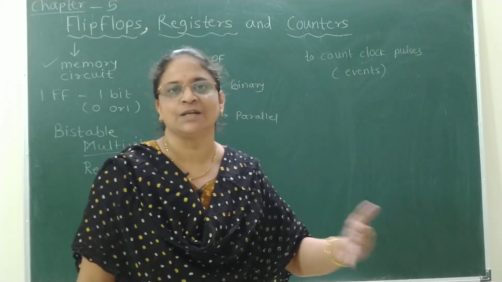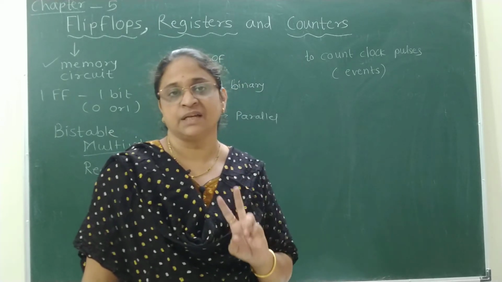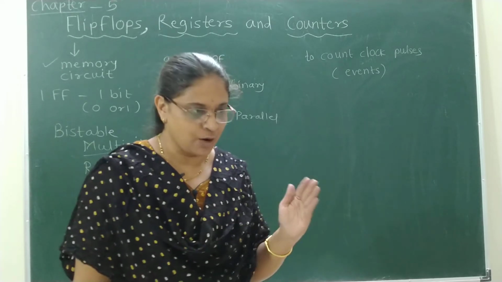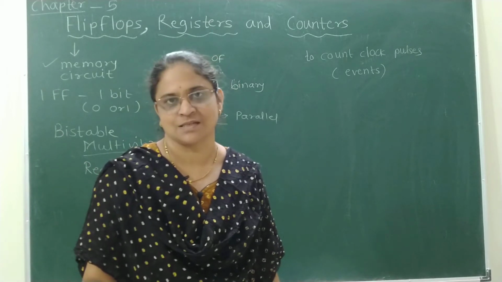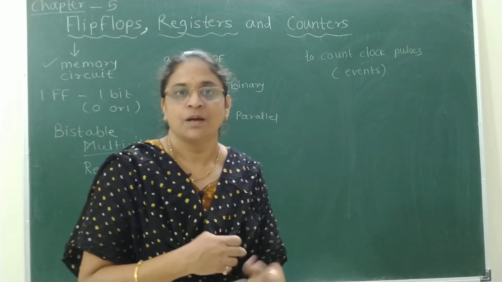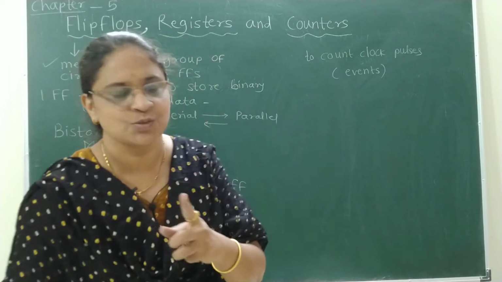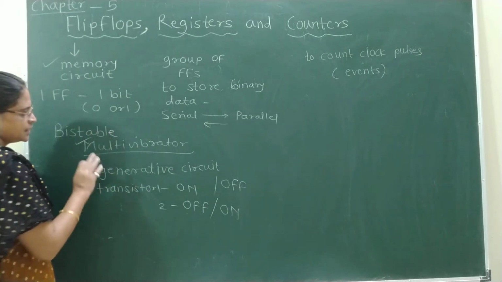That is the regenerative oscillator action, where it contains 2 transistors, and the output of one transistor is given as an input to the other. That is the feedback system, and it keeps providing positive feedback. That shows the oscillatory action of the multivibrator.